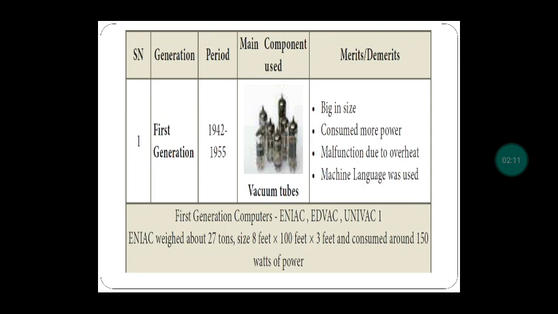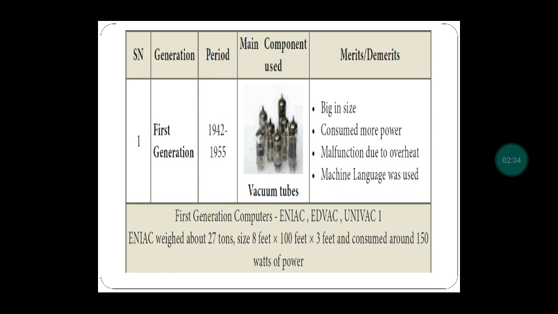In this generation, they used vacuum tubes as the component. Many tubes were used for creating the computer. Let us see the merits and demerits of the first generation.